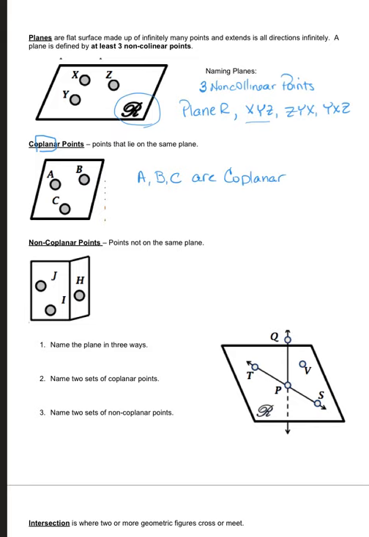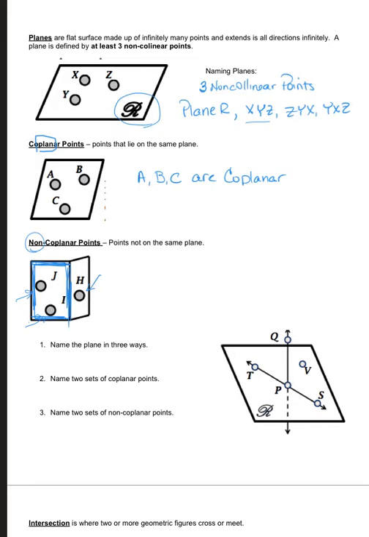If we're talking about points that are not on the same plane, we're talking about non-coplanar. So again, there's that word, non-coplanar. Notice here how H is not on the same plane as J and I. One way to look at this is like looking at the corner of a room and you're looking at 2 walls. So this here, where J and I are, would be one wall of the room.